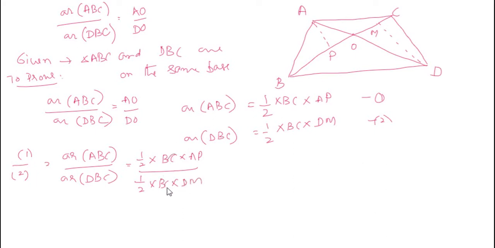Half and BC cancelled, so that is AP by DM. Let us take this as 3.